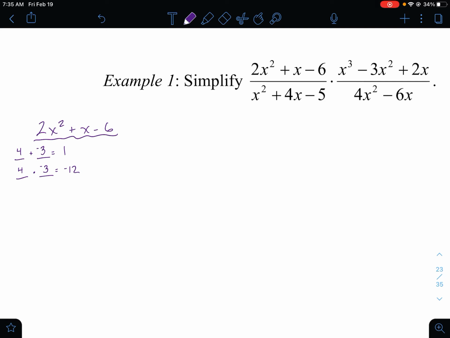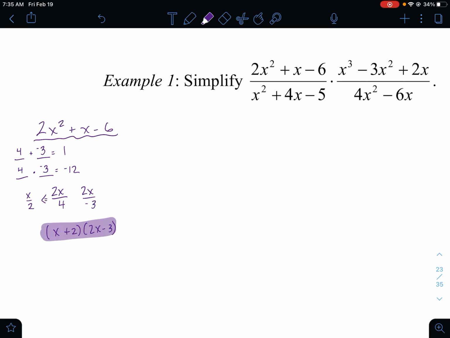Now I'll do the California method. So I'm going to do 2x over 4 and 2x over negative 3. My first fraction reduces to x over 2. My second fraction doesn't reduce at all. So I get x plus 2 times 2x minus 3, and that's what this one reduces to.